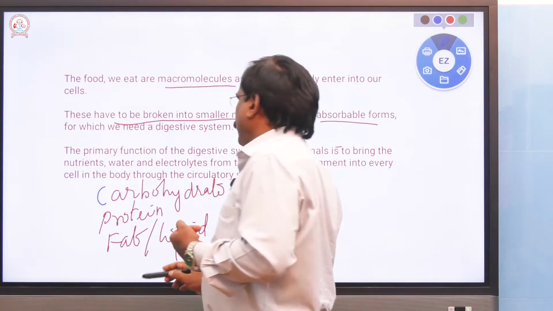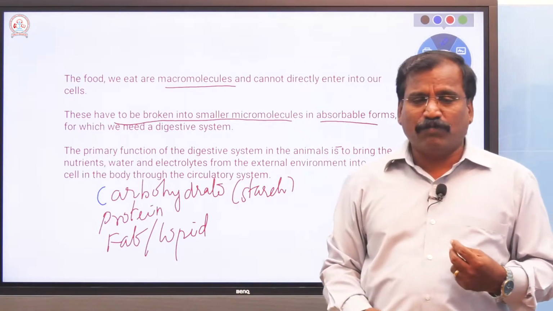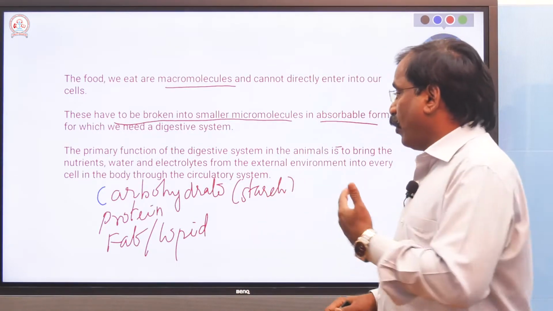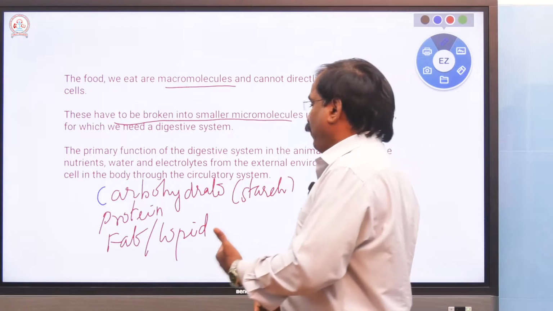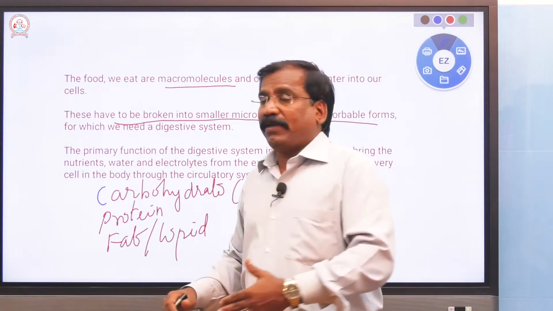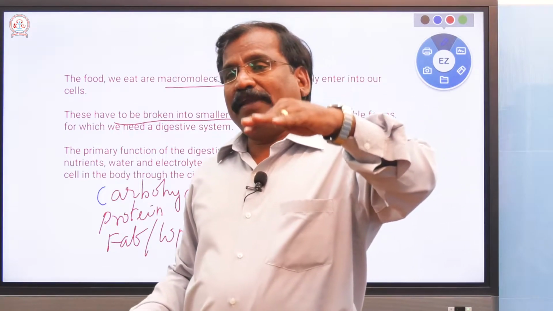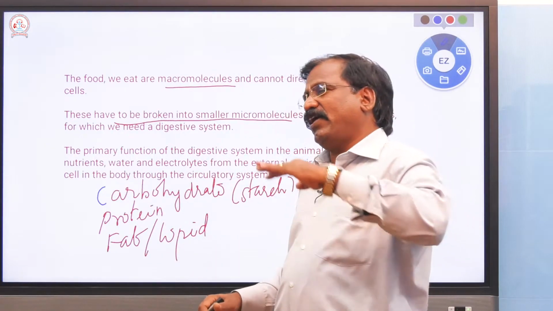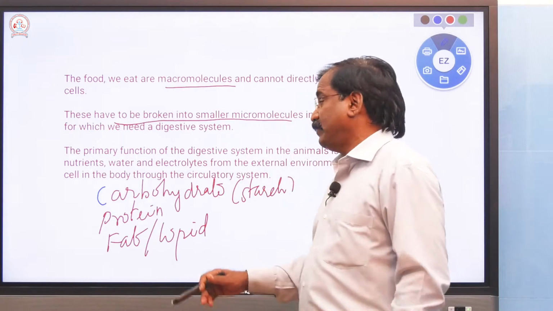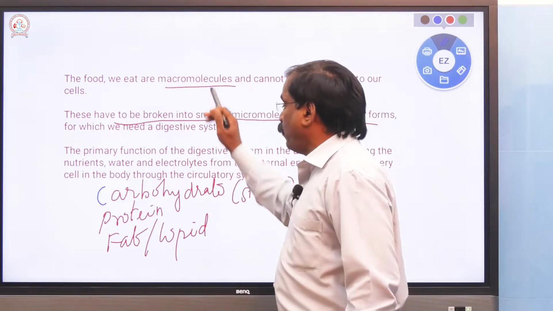These are the major components of the food: carbohydrate, protein, fat or lipid. Vitamins, minerals, water and roughages are already simple and need not be digested. So these are the macromolecules.